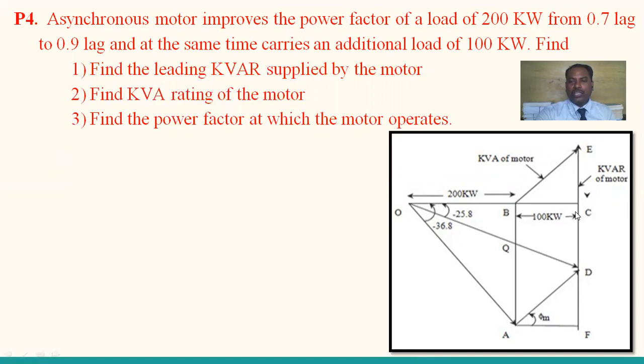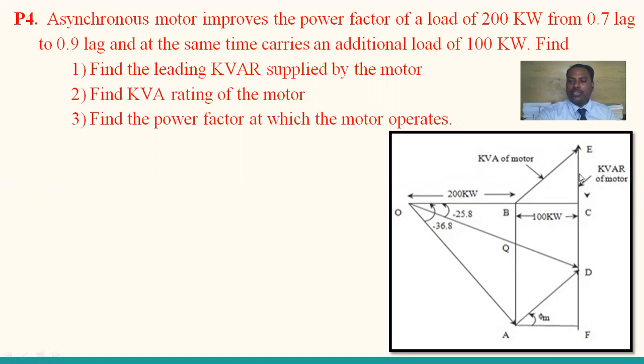How much it injects, we don't know; that depends on the rating of the motor. That is leading in nature, and it is represented by this line. BC is the additional power drawn by the synchronous motor, and CE is the kVAR supplied by the motor.